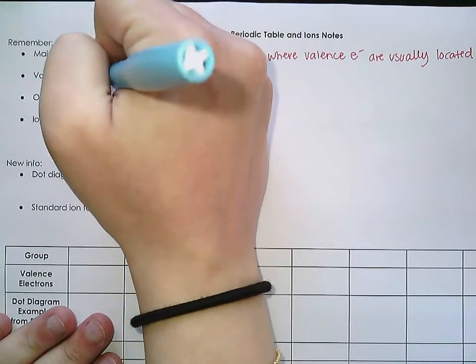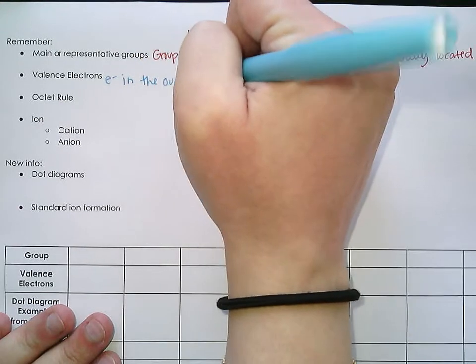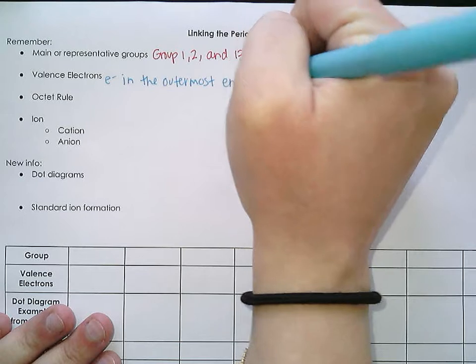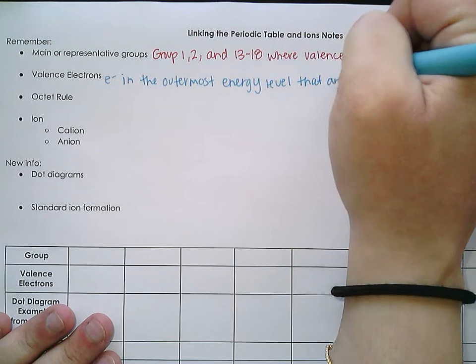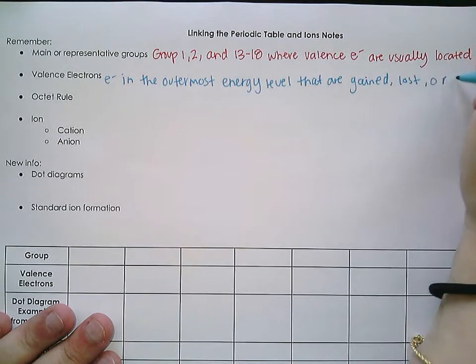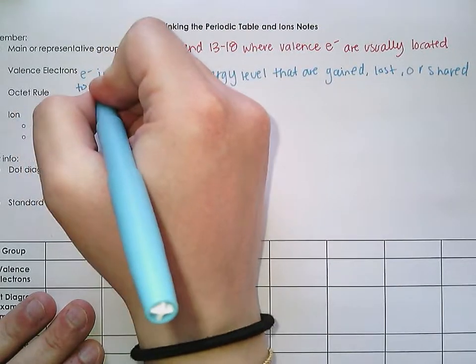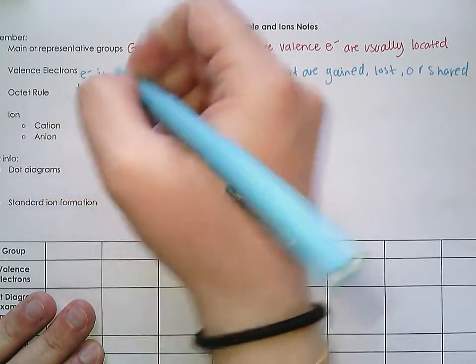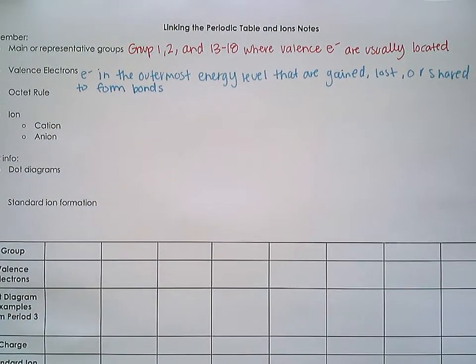So valence electrons are electrons in the outermost energy level that are gained, lost, or shared to form bonds.